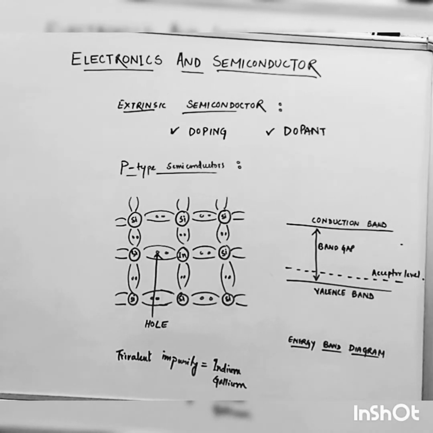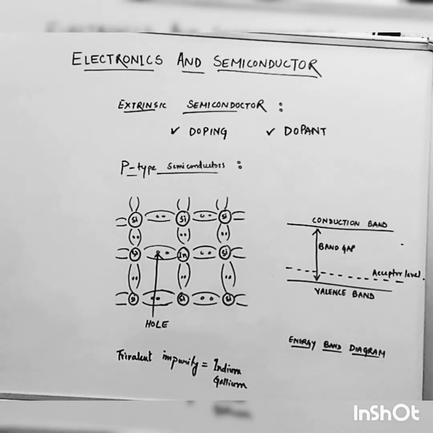So suppose in place of pentavalent impurity, I add trivalent impurity. Trivalent impurities are those elements or atoms which have 3 valence electrons. Suppose for example you can see indium or gallium, if I add them, then the semiconductors we get are known as p type semiconductors.